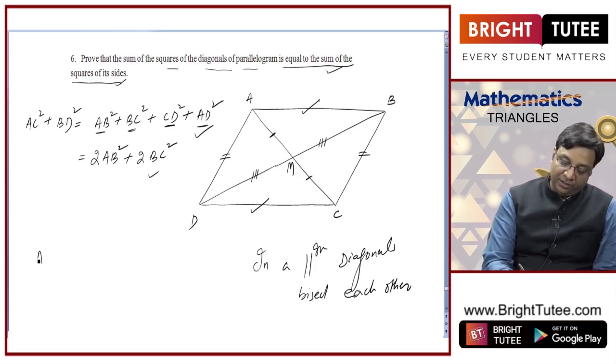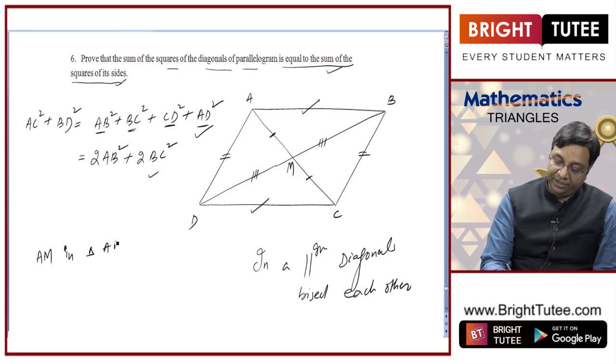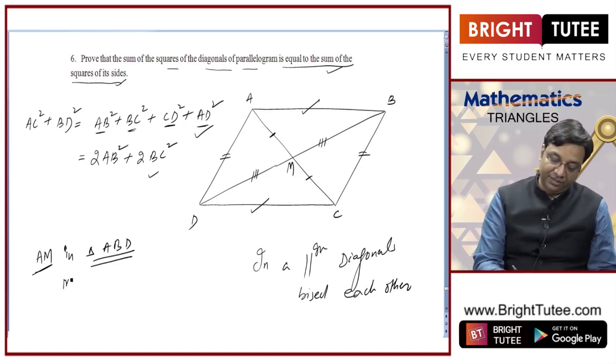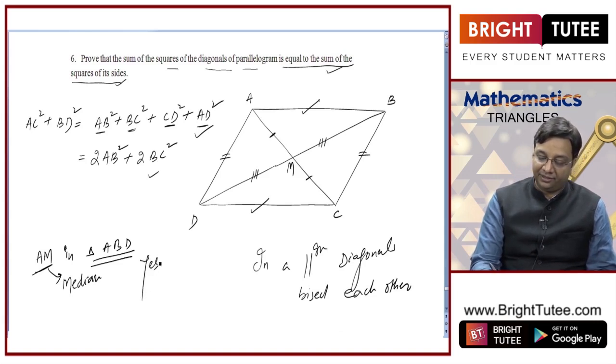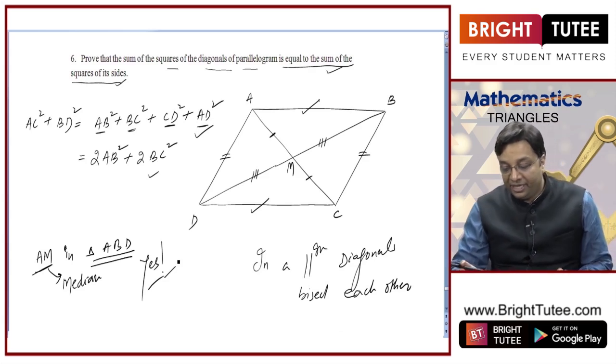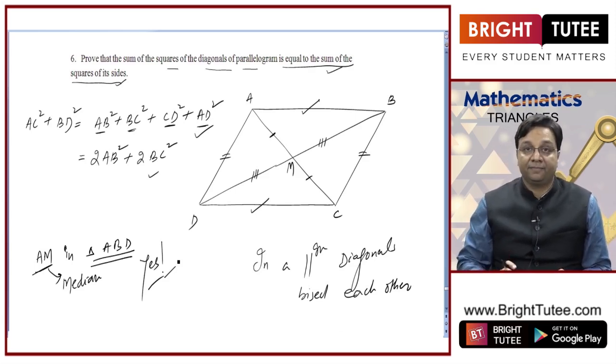So what can you say about AM in triangle ABD? What is this line AM in triangle ABD? Is this a median? Yes, it is a median. So AM is a median for triangle ABD. Okay.